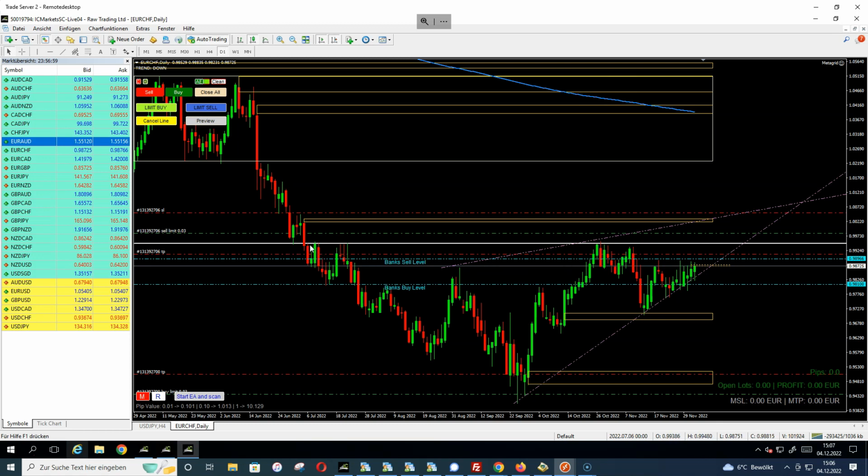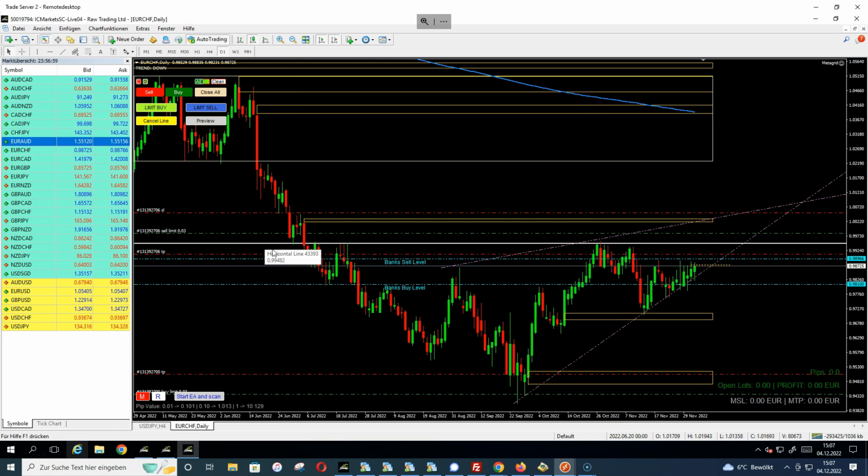You can see, first of all, price came down here and bounced on this area and went a little bit up. And don't forget, it's a daily time frame, so this bounce was almost 100 pips.